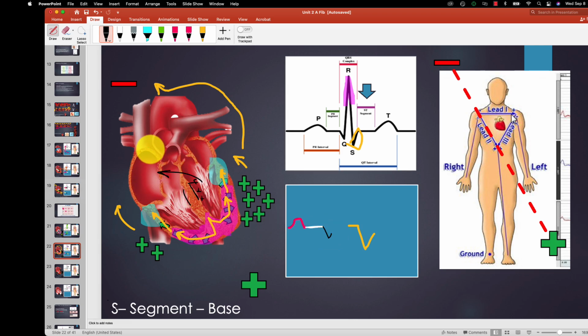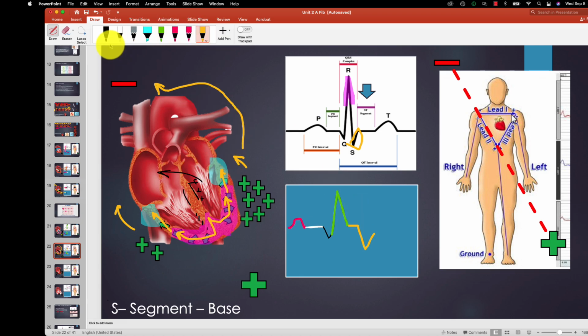And then once the left and right descending branches begin to activate all the Purkinje fibers, we get that base ventricular contraction, right? Goes up really high. And then following that base ventricular contraction, the medial ventricular contraction, then we get the base ventricular contraction.